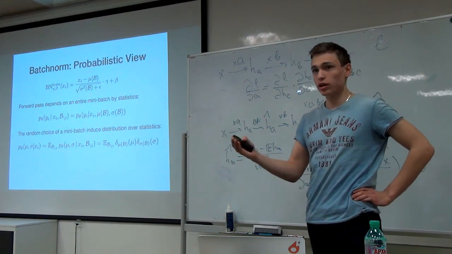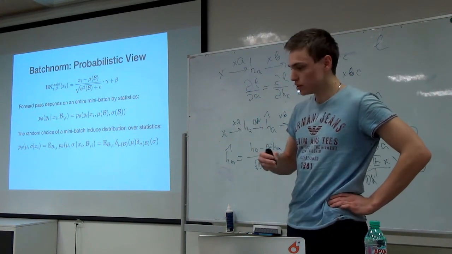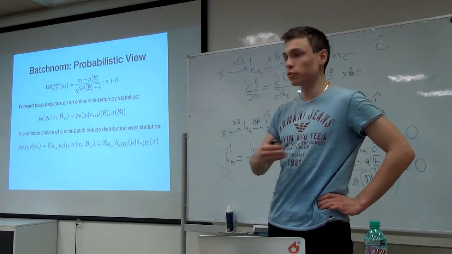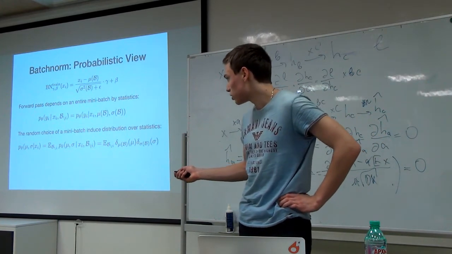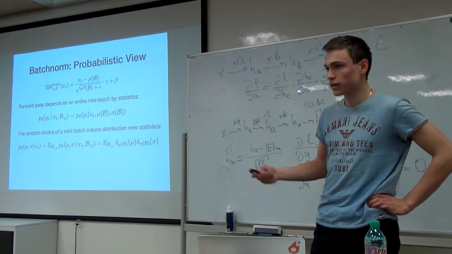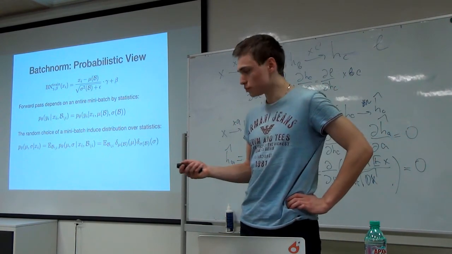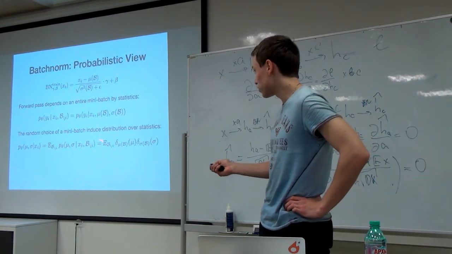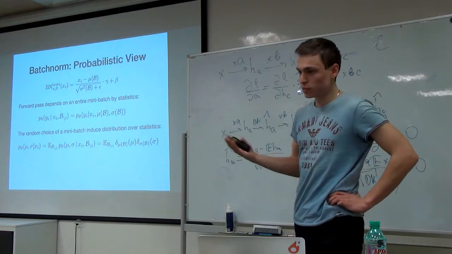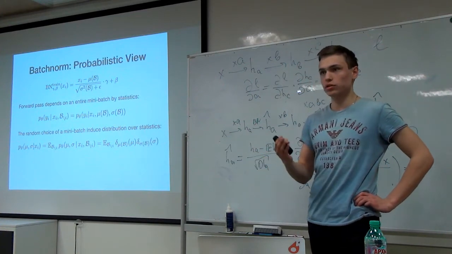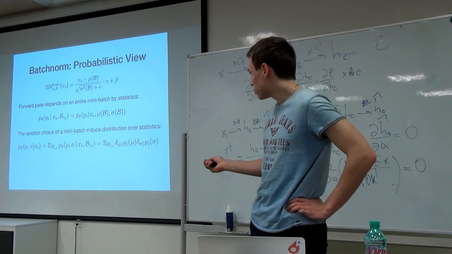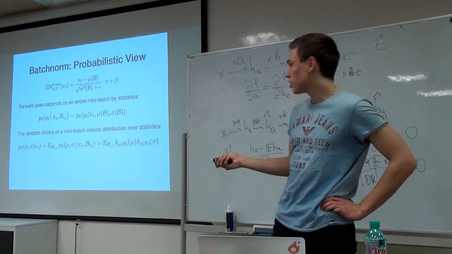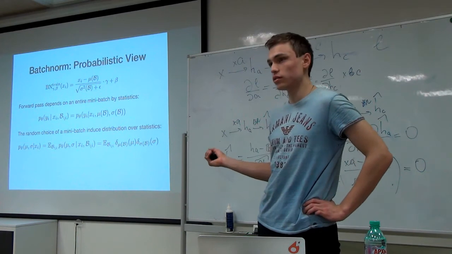Having the batch, we can compute all statistics in a deterministic way. The distribution over statistics with given x_i is just the expectation over all possible batches we can choose from the data of delta functions centered on mu_B and sigma_B.